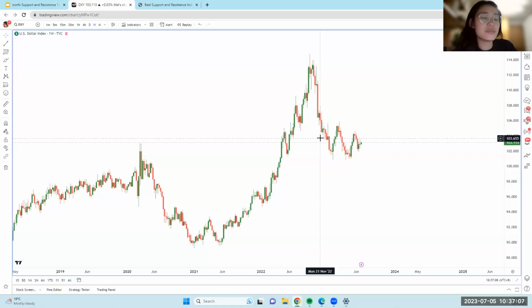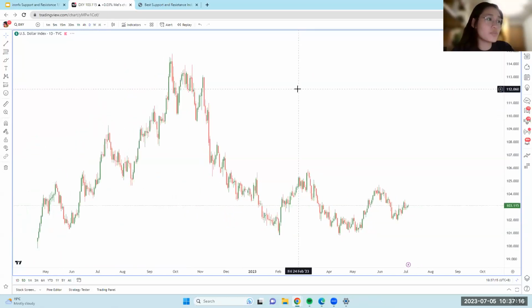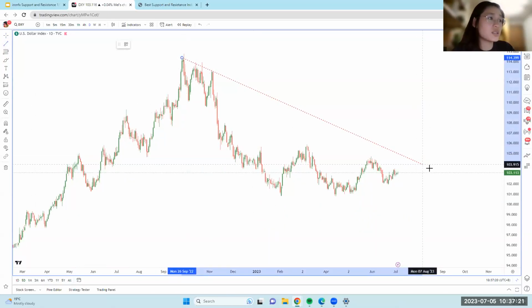On our weekly time frame, the general direction is pretty bearish, and on our daily time frame, it's pretty bearish as well. So let's start our analysis on the daily time frame.